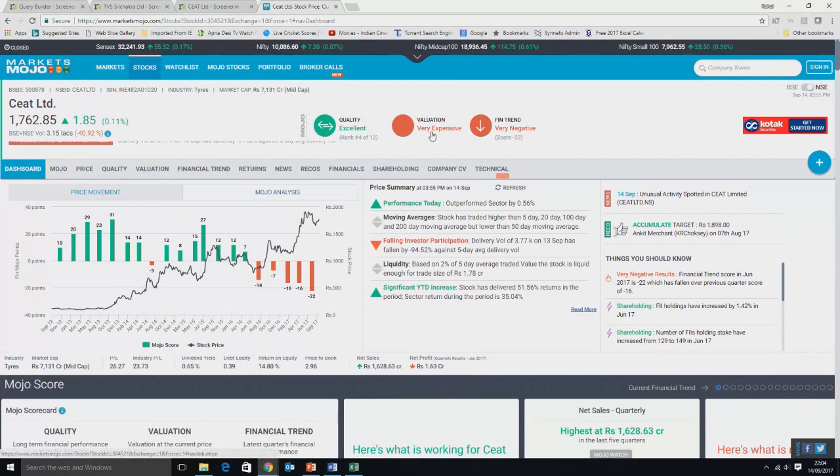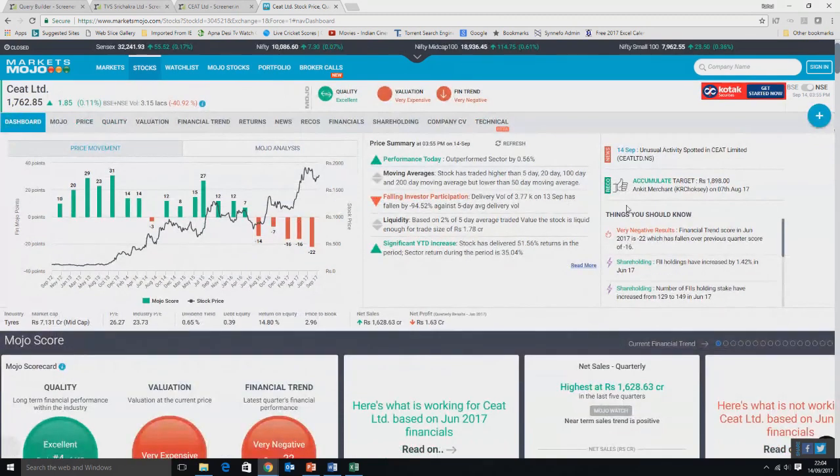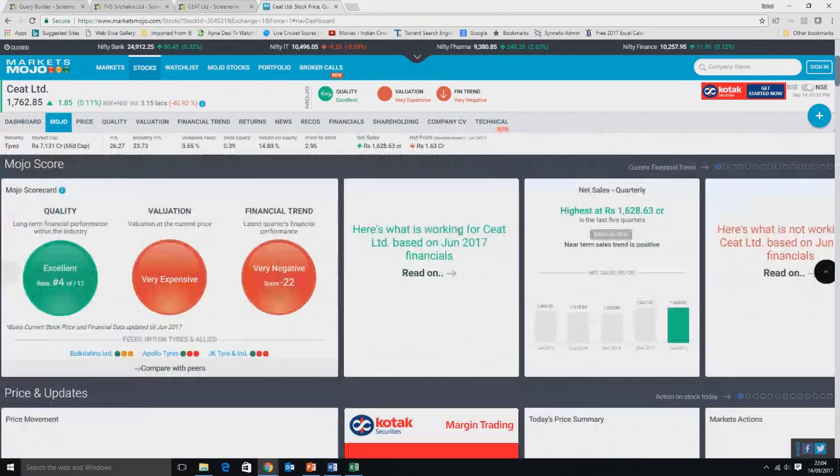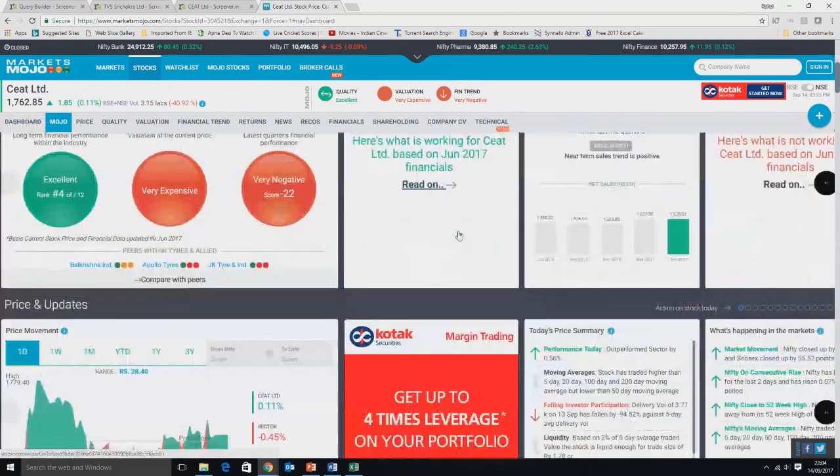They also provide things like quality, excellent, valuation very expensive, financial trends very negative. So this is their assessment, they give certain advice, and they also give all those things that people are talking about.